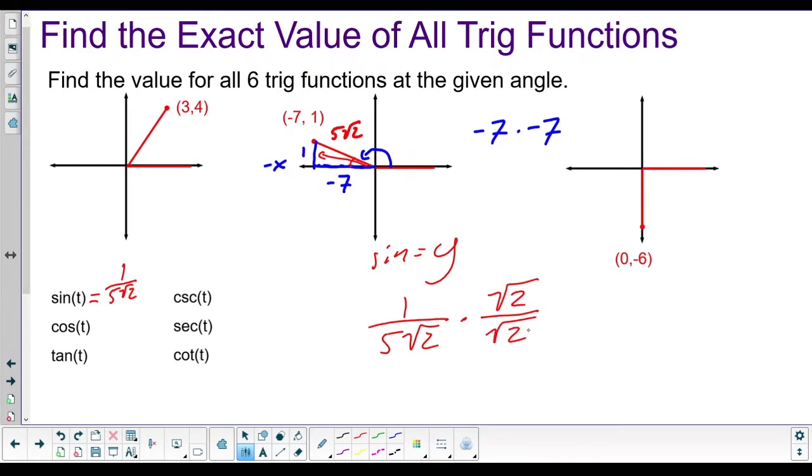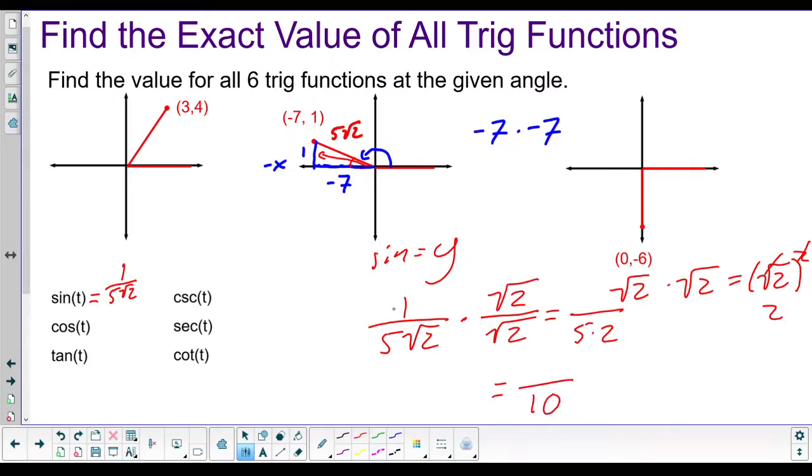So what happens on the bottom is radical 2 times radical 2 can be written as radical 2 squared, and they just cancel out and it becomes 2. So the bottom turns into 5 times 2, which is 10. Okay, so the bottom is 10, and then 1 times radical 2 is radical 2. So instead of writing 1 over 5 radical 2, we're going to have to write it as radical 2 over 10. Okay.